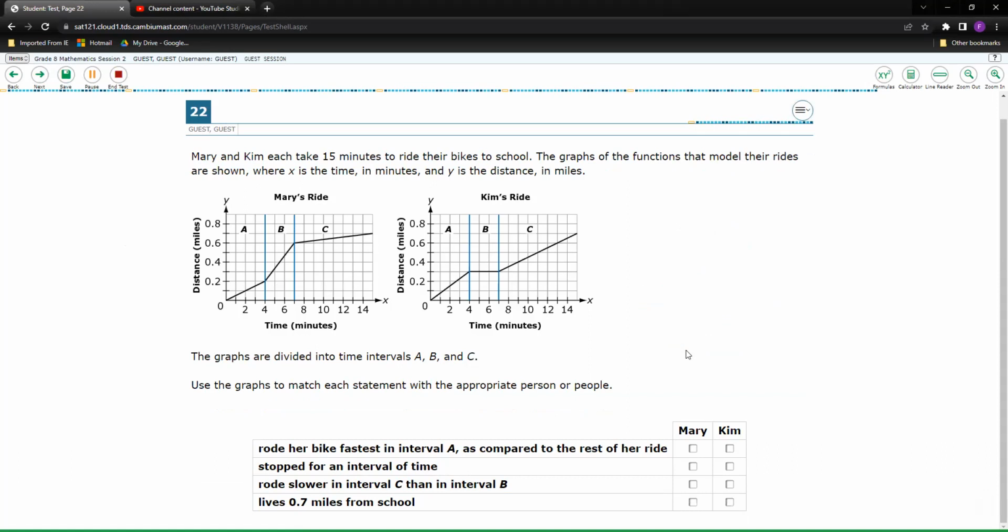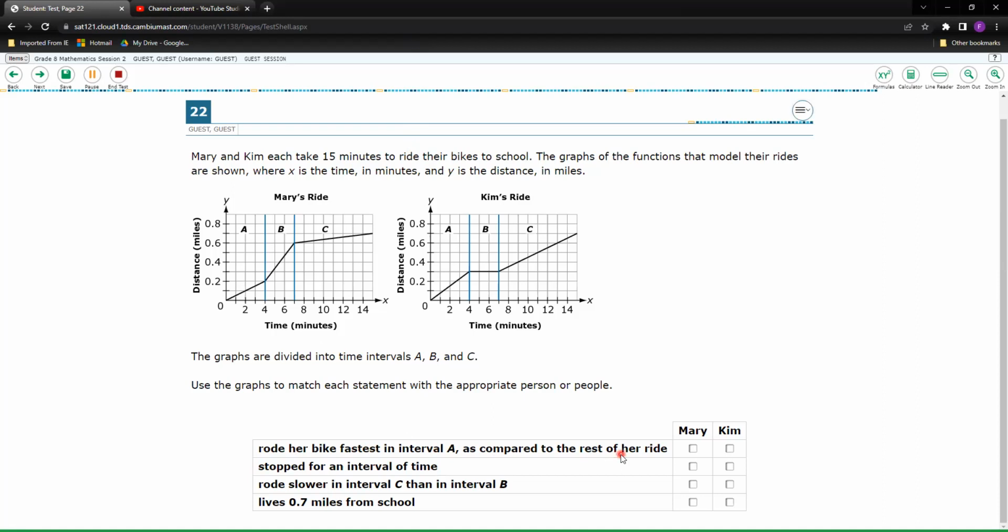Okay, here, if you look at the graphs, you know that the higher the line, the steeper it is. So take a minute and pause the video if you need to compare each segment. So they're asking whether Mary or Kim, over here, let me do my spotlight, who rode her bike fastest in interval A as compared to the rest of her ride.